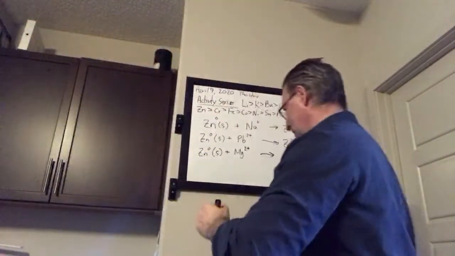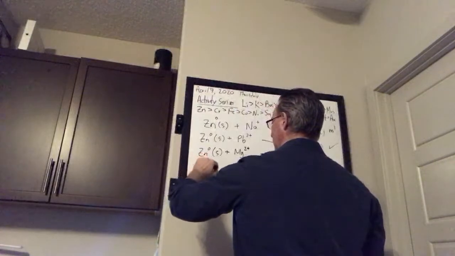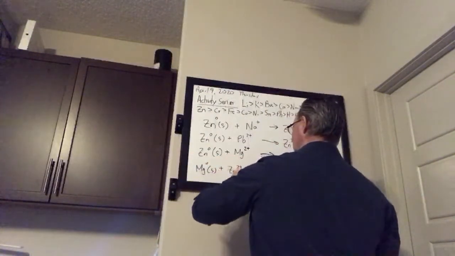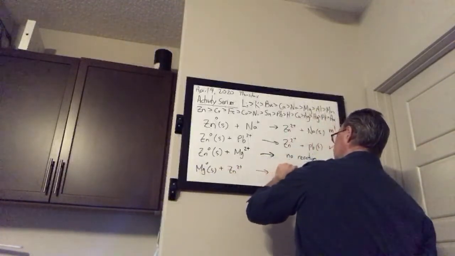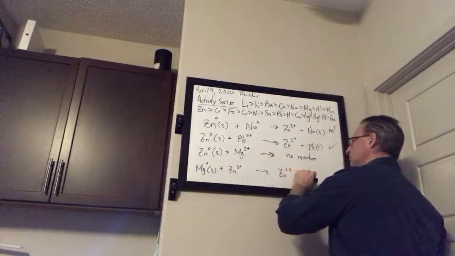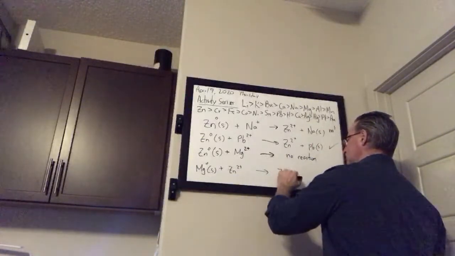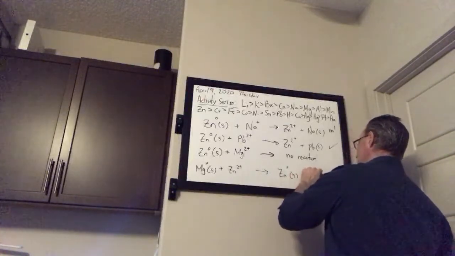If you had magnesium in the elemental state with a 0 oxidation state and zinc was oxidized, you could make this happen. So that would be 0 oxidation state and the magnesium would become oxidized.